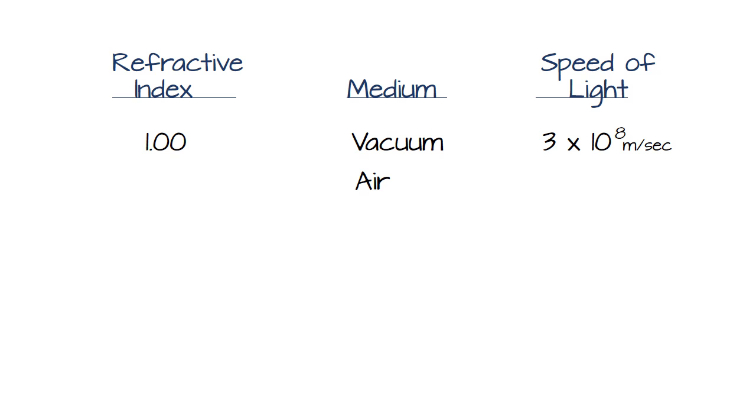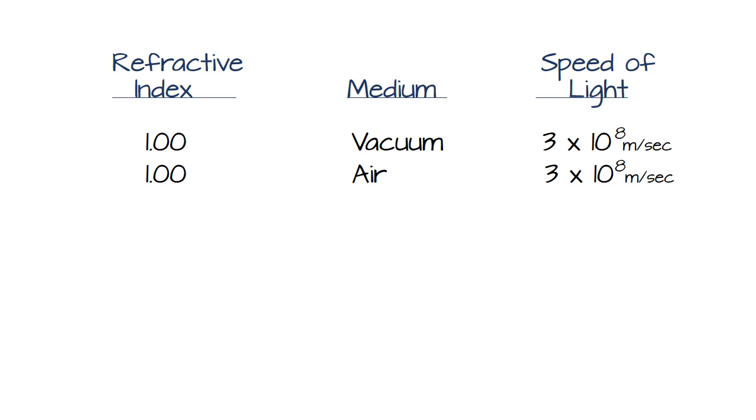In air, there is some substance, a little bit of density, there is something to slow the light rays down. However, it's so small that we actually use the same refractive index for air. I believe the correct refractive index is 1.0002, I think, I'm not even sure. But we use 1 for air and a vacuum. So from here on out, I'm probably going to say the speed of light in air rather than the speed of light in a vacuum.